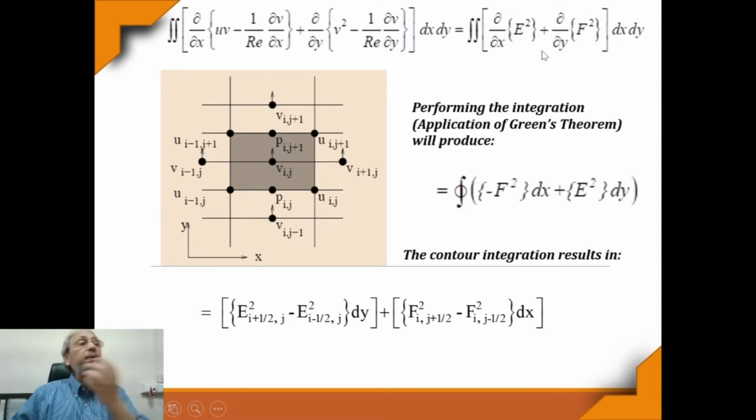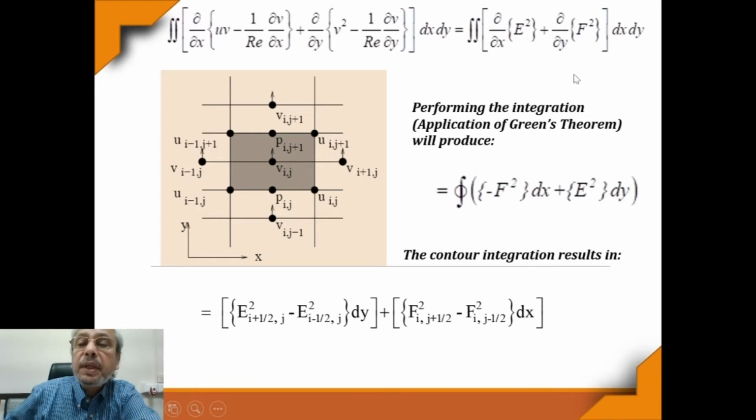Like in the x momentum equation, we defined these bracketed terms, which were derivatives of del x and del y, as E1 and F1 respectively. Here we are doing E2 and F2.